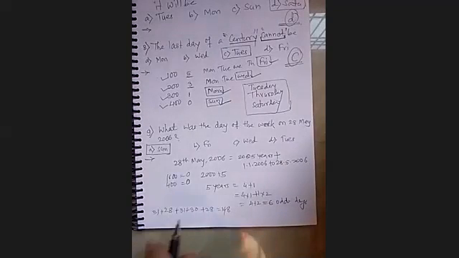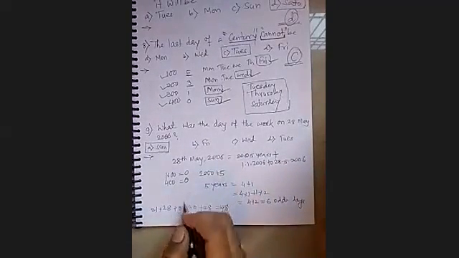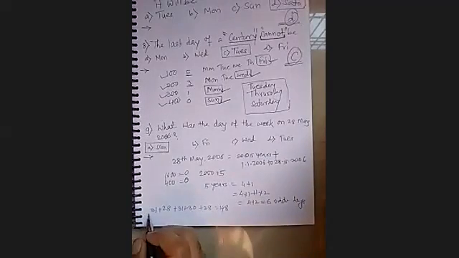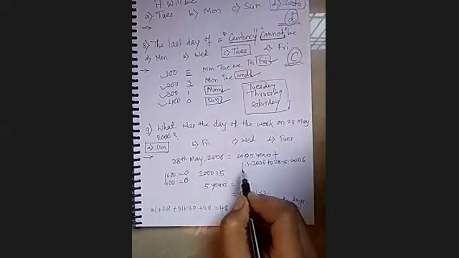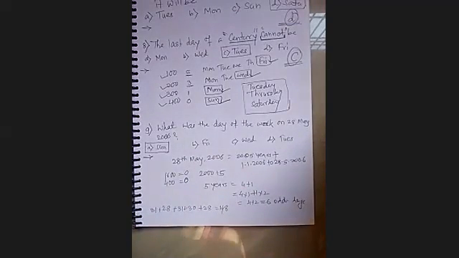Now this is for 2005. Next is the period from 1st of January 2006 to 28th May 2006. In January there are 31 days, then 28 days, 31 days, 30 days, and in May there will be 28 days. So it becomes 148 days.